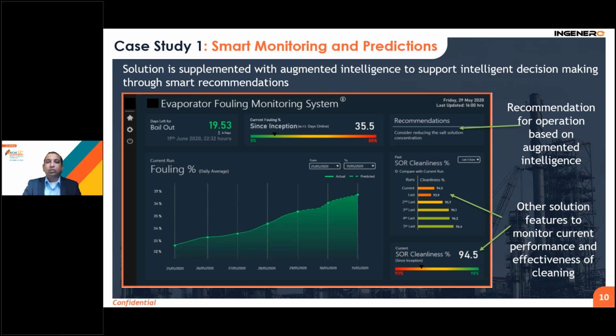This helps to not only understand the extent of fouling, but also to take corrective actions on a regular basis without spending too much time and on a more accurate basis so that you can have changes applied to the performance, which helps eventually to extend the life, improve the performance, leading to tremendous savings.